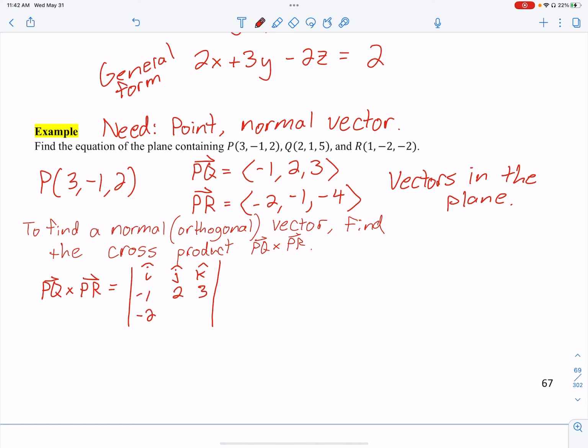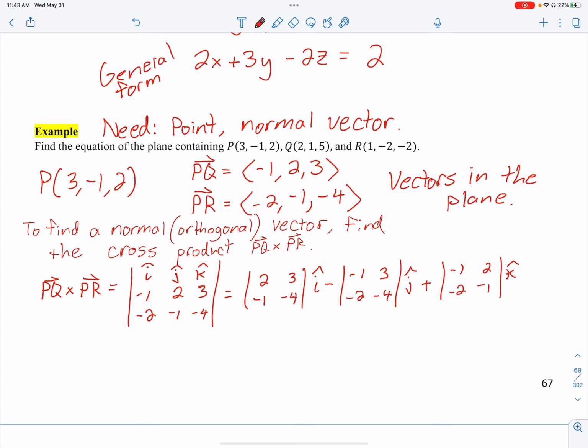And I got -2, -1, -4. All right, so I run through this process. -2, -1, 3, -4. That's covering up the i column. Then I do a minus, cover up the j column. And then cover up the k column. I got -1, -2, 2, -1, k.